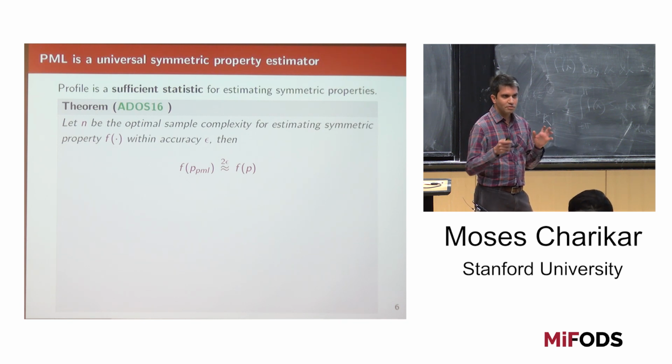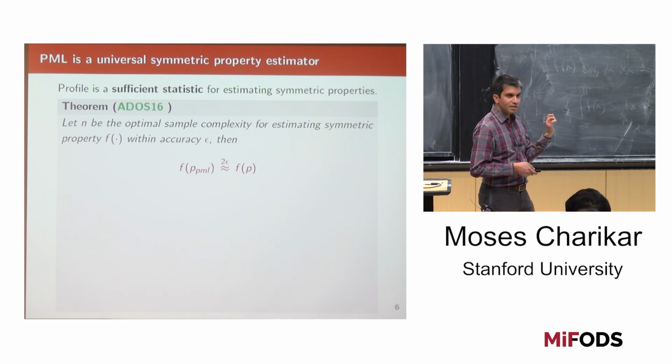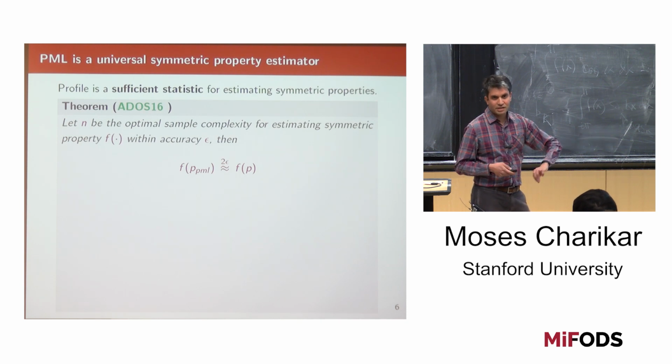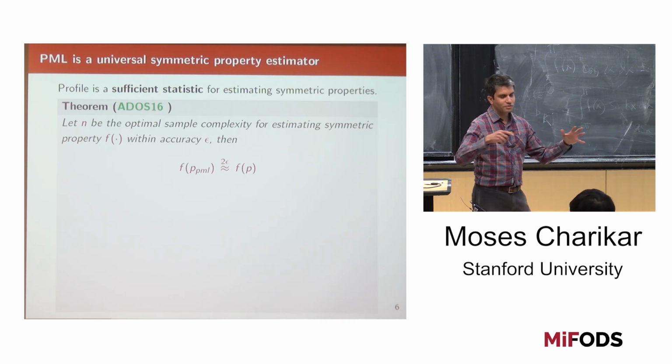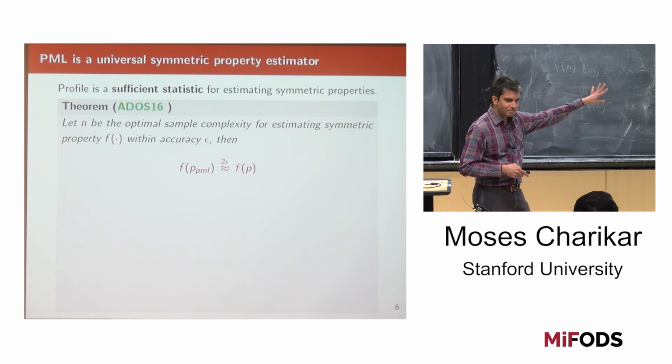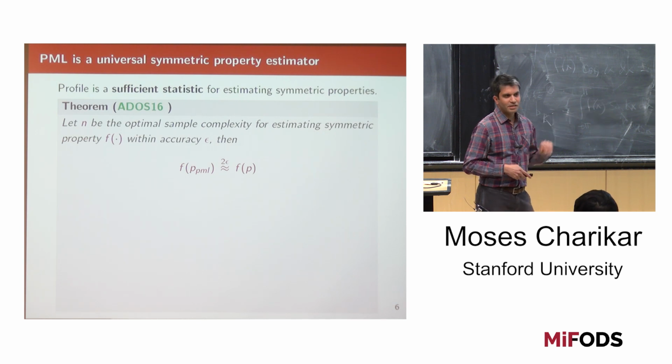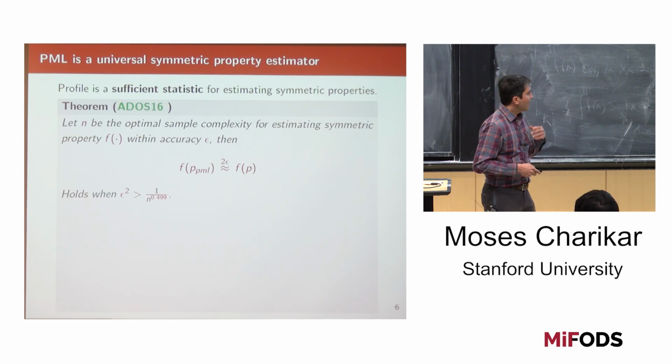This will use roughly the same number of samples, maybe you blow up the number of samples by a factor of 2 or something, and the error blows up, let's say, by a factor of 2. So you can get essentially the same complexity as your optimal estimator by using this universal method. Now, there are some technical caveats that I will shove under the carpet, but that's essentially the message of this result.